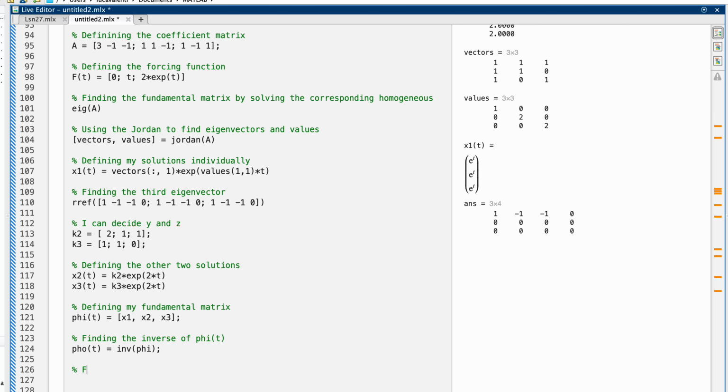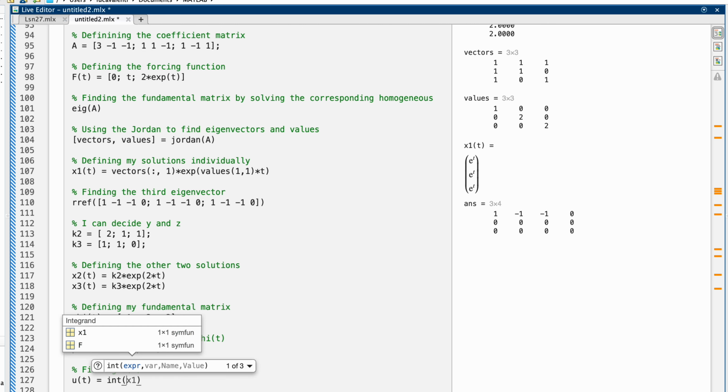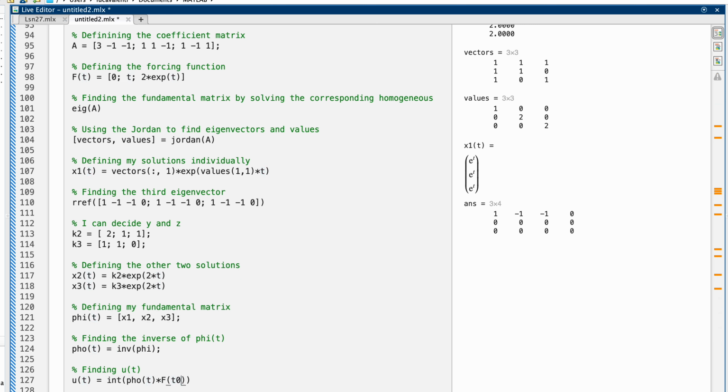So finding u of t, if you remember, u of t is equal to the integral of pho, the inverse of the fundamental matrix, times f of t.